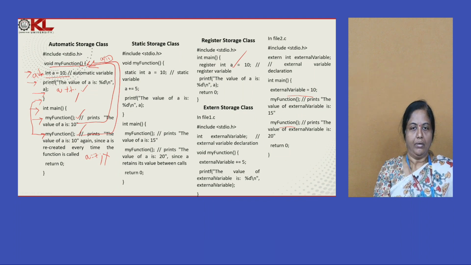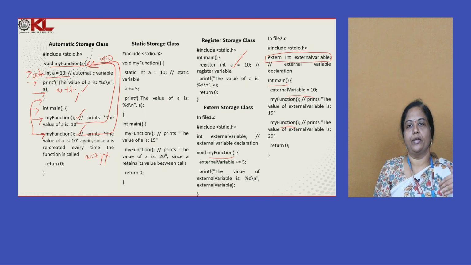See here, my function. Where is it declared? It is declared elsewhere. It is neither declared in your my function nor declared in your main. It is declared globally outside the function.